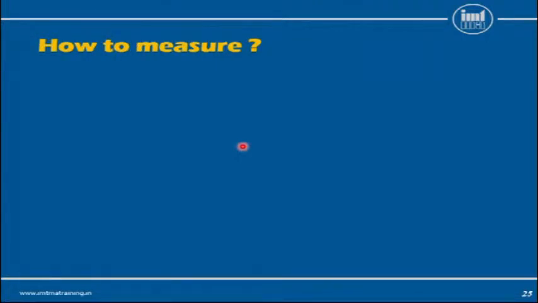How can we measure the flatness in a given part? Supposing in the same example, I want to check and confirm the flatness of this bottom surface should be within 0.1 millimeter. How can I confirm that? There could be 2 or 3 different methods that could be adopted.